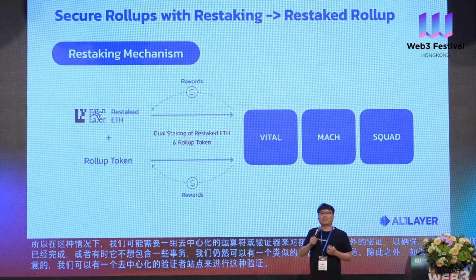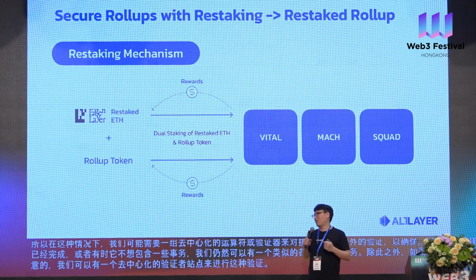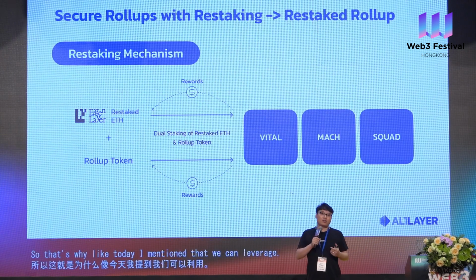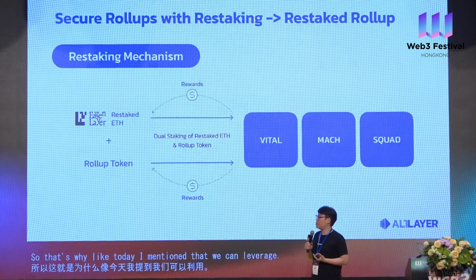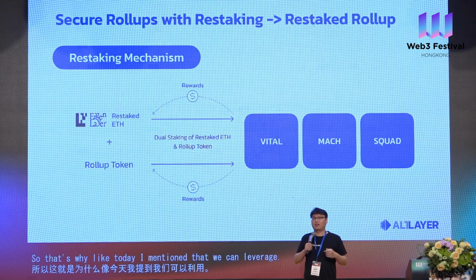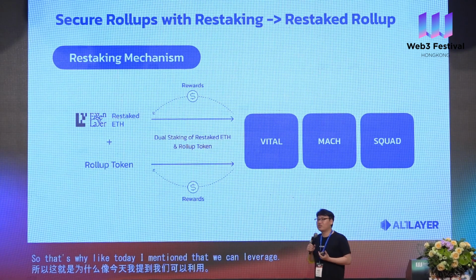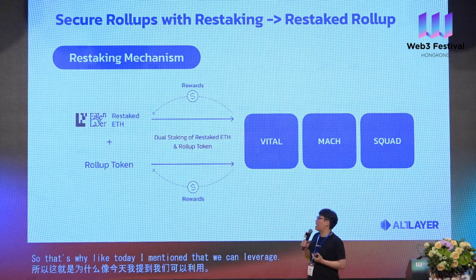That's why we can leverage new technologies like the restaking technology proposed by EigenLayer to provide economic security to secure these rollups by running a decentralized verification network or decentralized sequencing network to do extra verification for all the existing rollups.